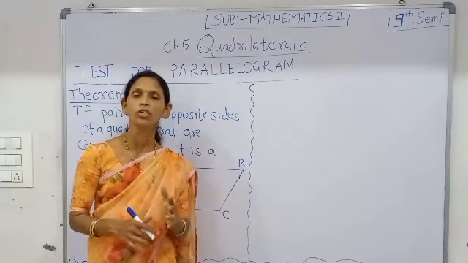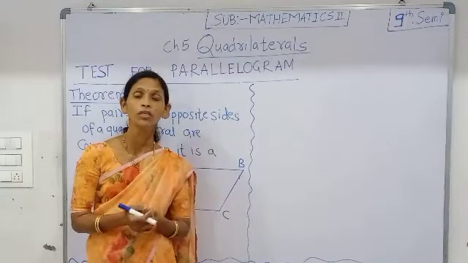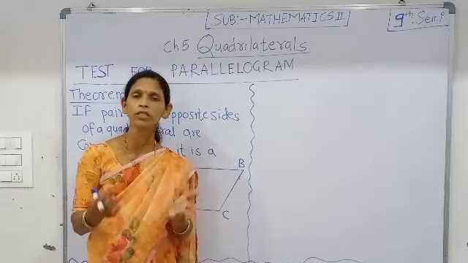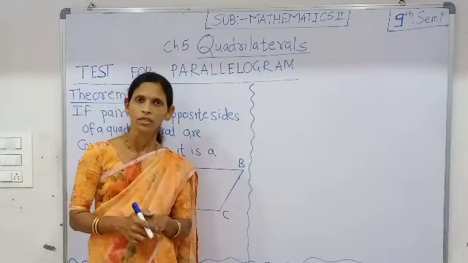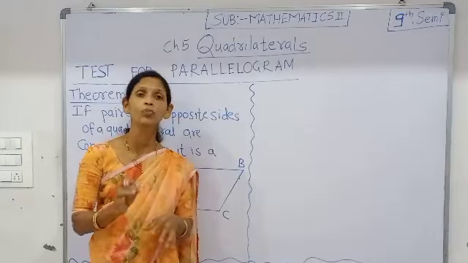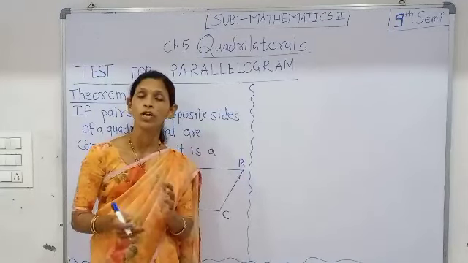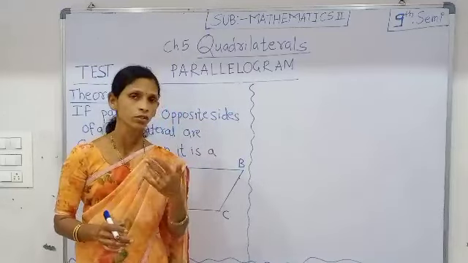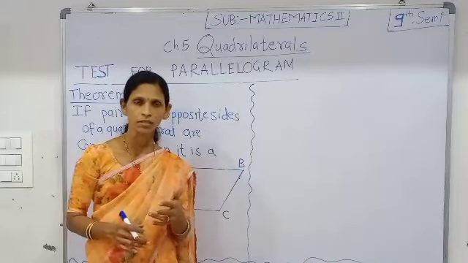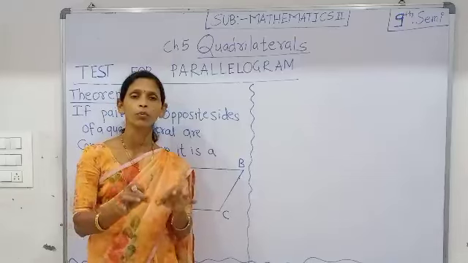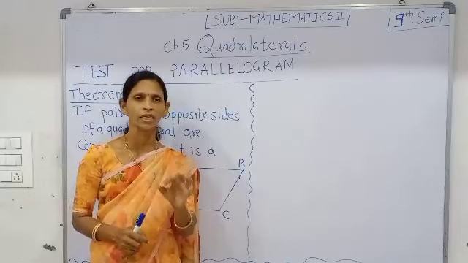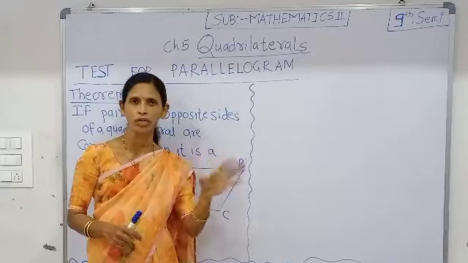Therefore, I am going to discuss the remaining few properties of parallelogram which we have to prove in the form of theorems. Here we have already solved the examples based on properties of parallelogram from practice set 5.1.